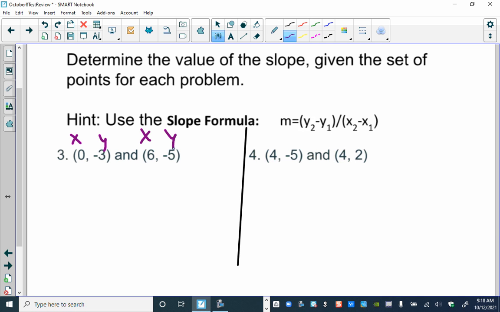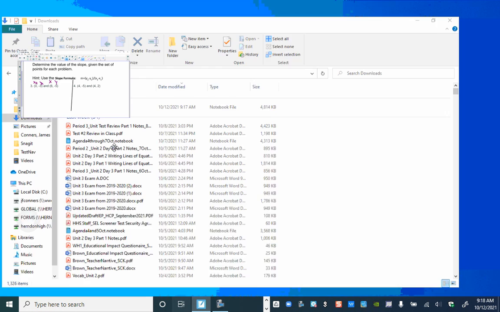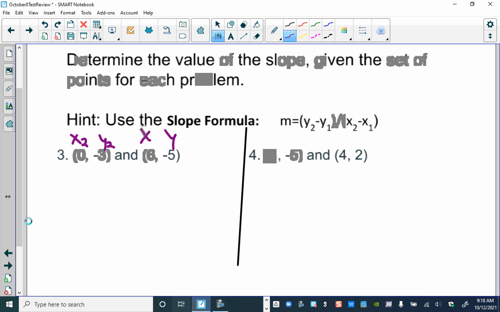But I do tell everybody, make the first point x2, y2, and then make the second point x1, y1. Because then it's going to be easier for us when we use this formula. When we use our slope formula.